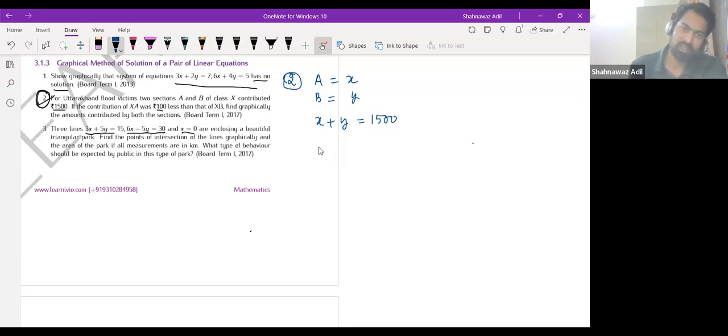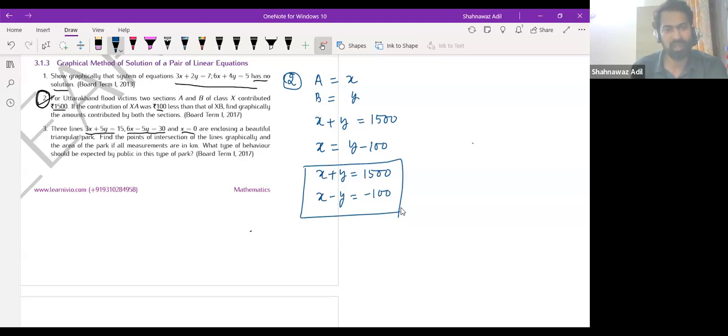So this is the contribution of A, and this is 100 less than B. So these are the two equations that we have to plot. X plus Y is 1500, and X minus Y is minus 100. And we have to graphically plot them and find out the solutions, right?